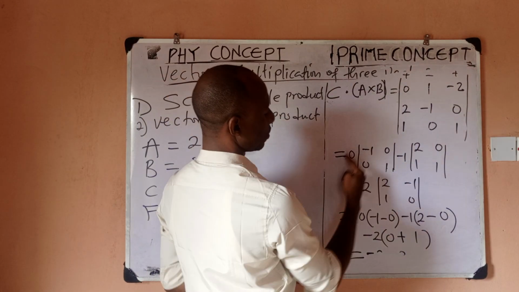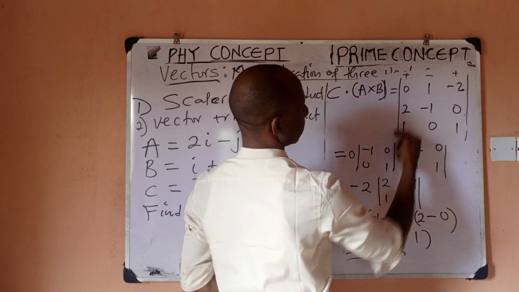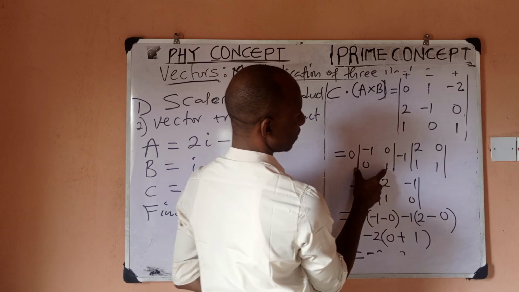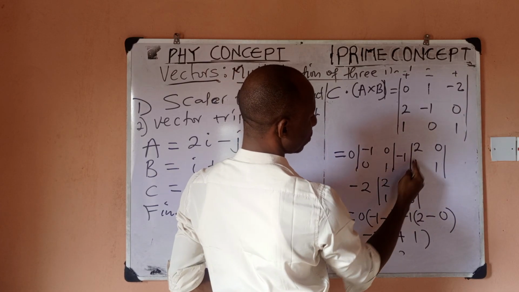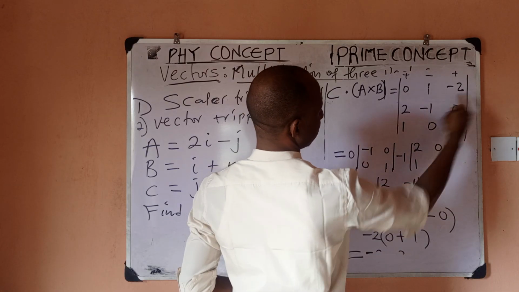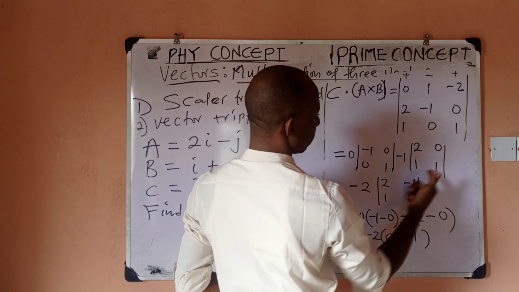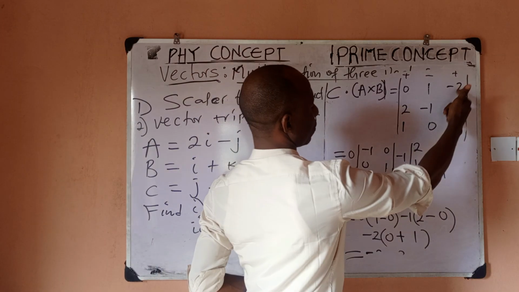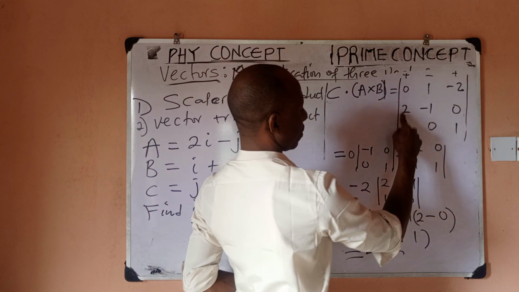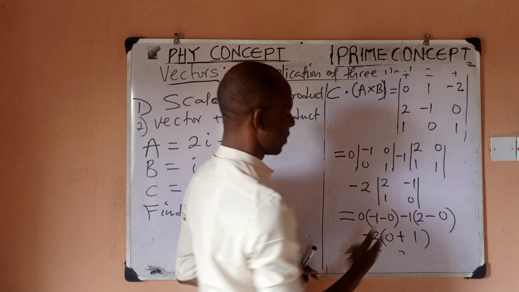So I have 0 into minus 1, 0, yes. And I have minus 1 into 2, 0, 1, 1. And I have minus 2 into 2, minus 1, 1, 0.